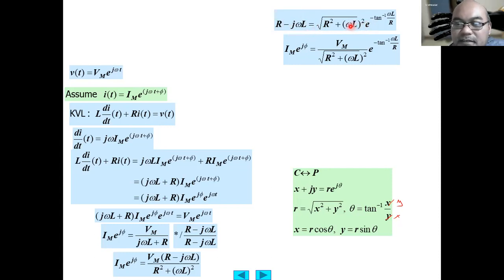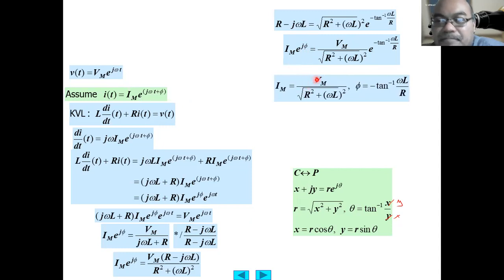So using this, we can re-express again Im exponent j phi here: Vm multiplied by R minus j omega L, which is this one, divided by this. So the denominator becomes the square root of R squared plus omega L squared.